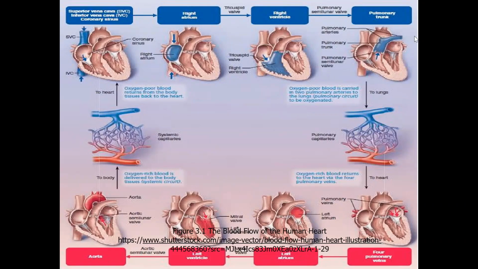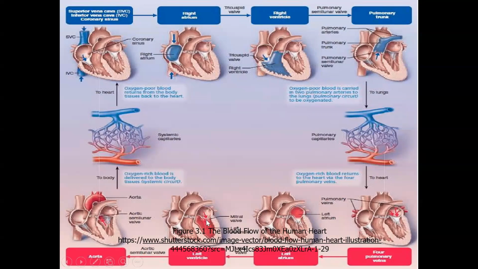Pag oxygenated blood na siya, babalik na siya sa heart. Si oxygenated blood, papasok siya kay pulmonary veins. May dala na yung oxygen. Pagkapasok kay pulmonary veins, dadaan na siya kay left atrium. Si left atrium, dadaan na yung blood kay mitral valve.